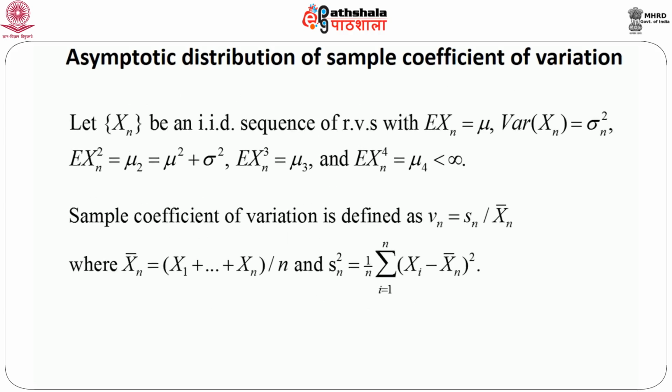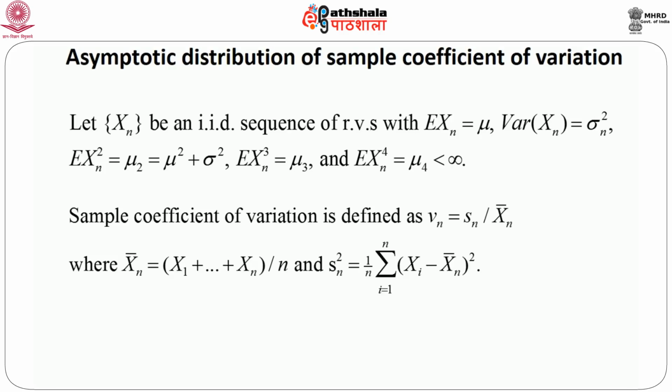Now, we will give one interesting example, which is also very useful and important in statistics, especially in large sample theory: we will derive the asymptotic distribution of the sample coefficient of variation.